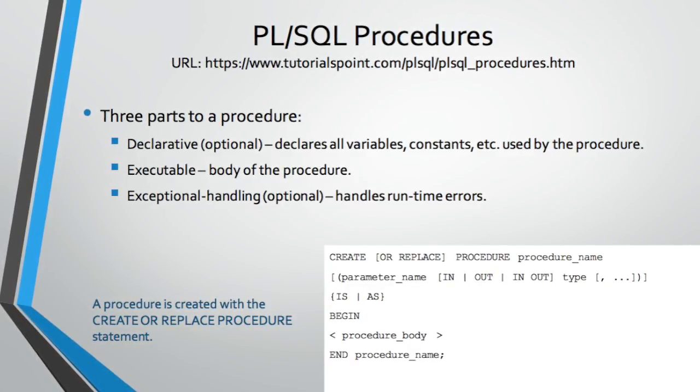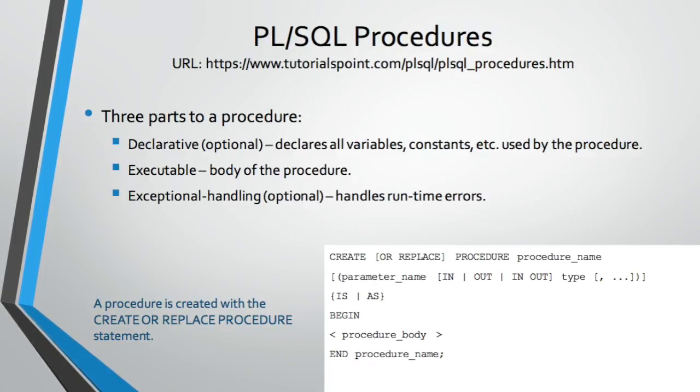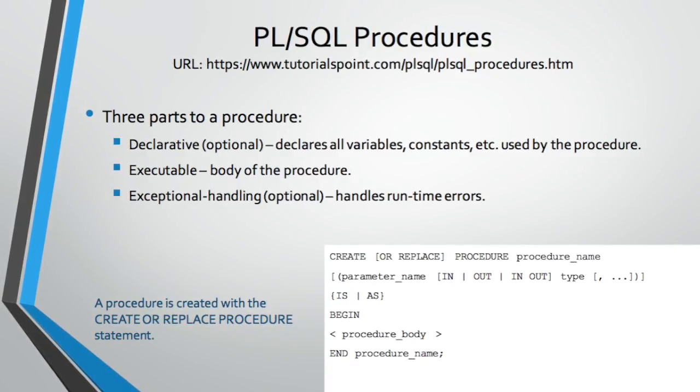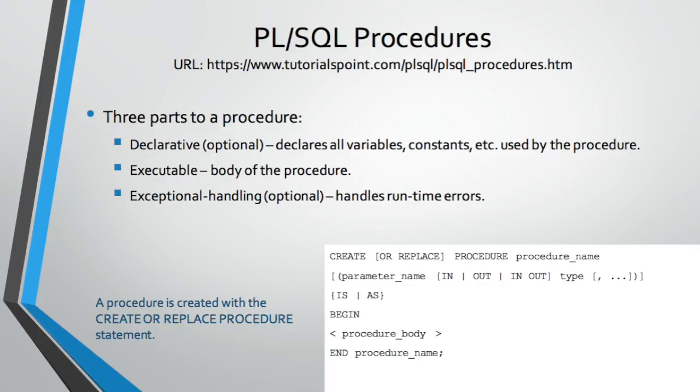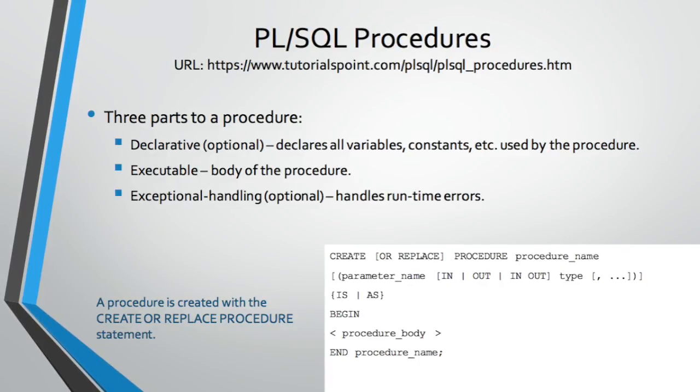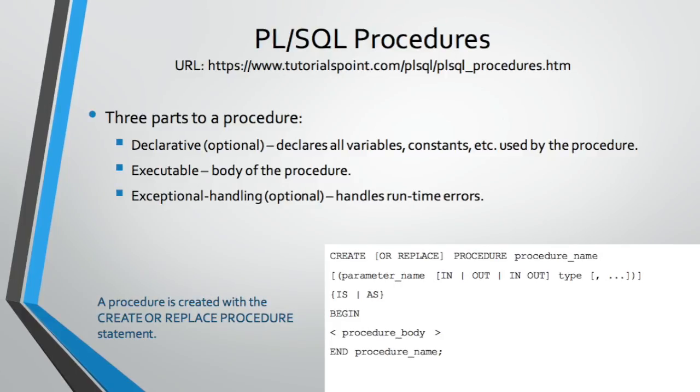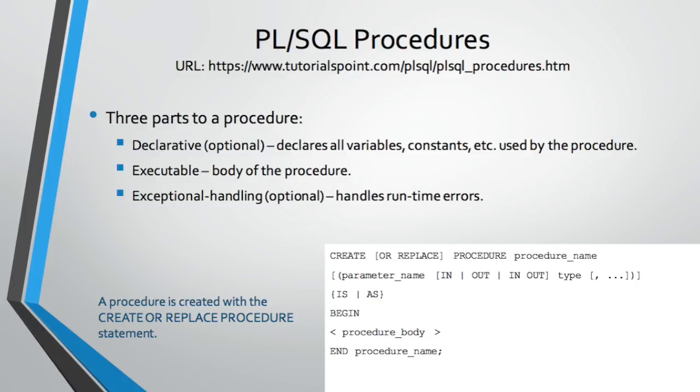In represents the value will be passed from outside, and out represents the parameter which will be used to return a value outside of the procedure. Procedure body contains the executable part. The as keyword is used instead of the is keyword for creating a standalone procedure.